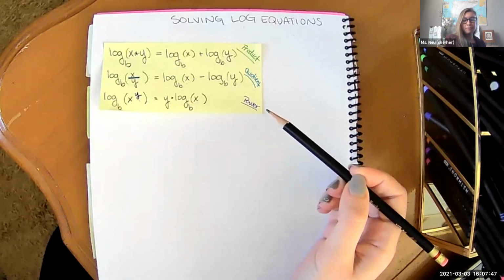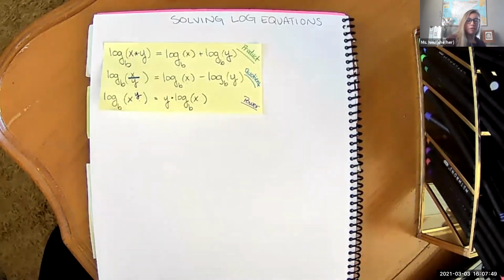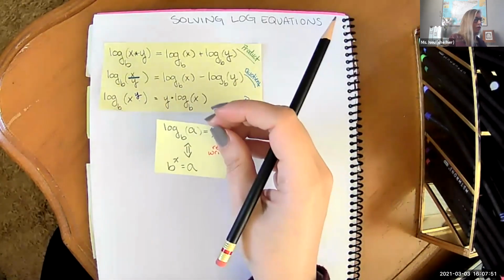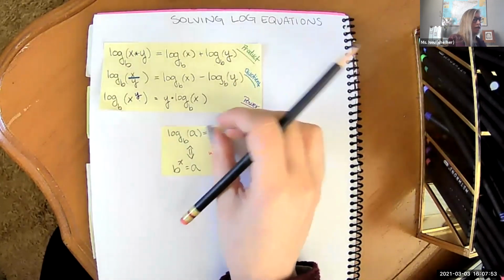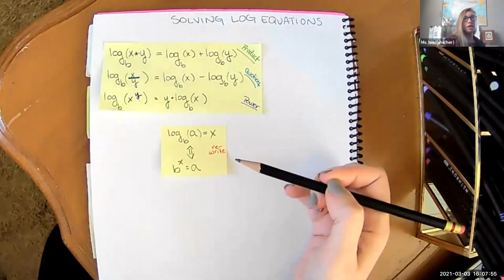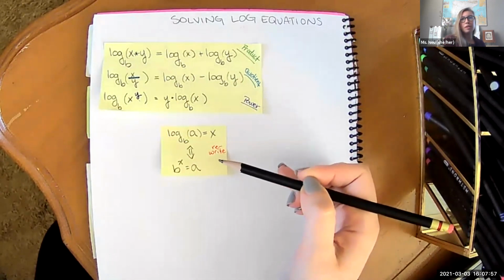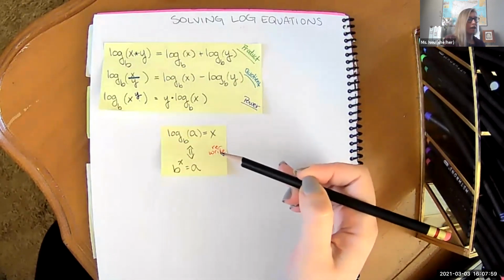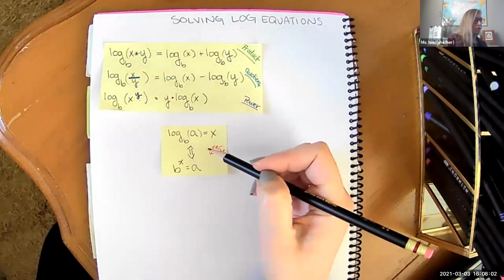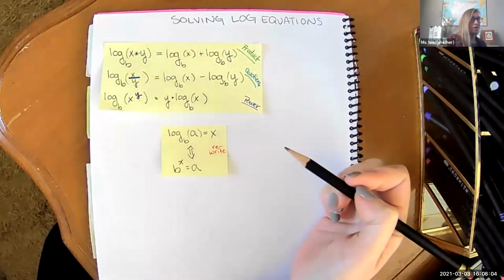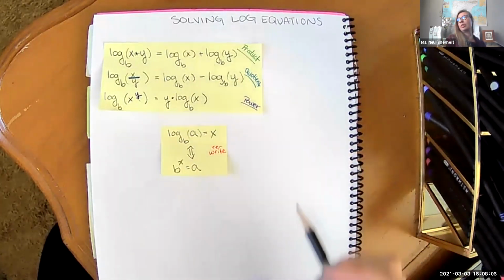That's all it is. Now, I do have this other rule over here, and this is like one of the most, if not the most important rules in logarithms. And this is like your rewrite, right? This is also what I refer to as the circle of life.